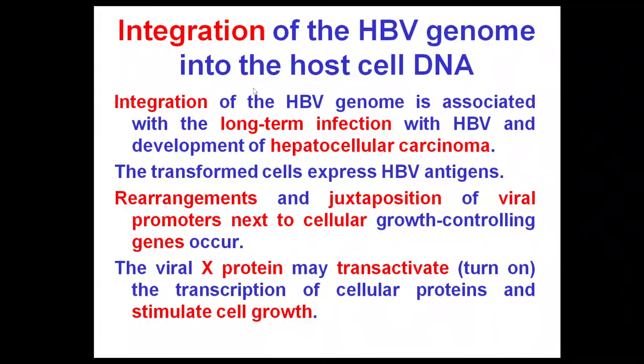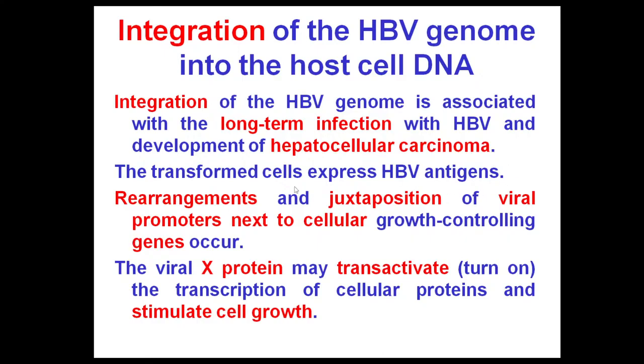Within the circulation of these covalently closed DNA molecules, the event that is integration of the hepatitis B genome into the host cell DNA may happen, and it is usually associated with long-term infection, and then it may cause hepatocellular carcinoma development. The transformed cells usually express hepatitis B viral antigens.